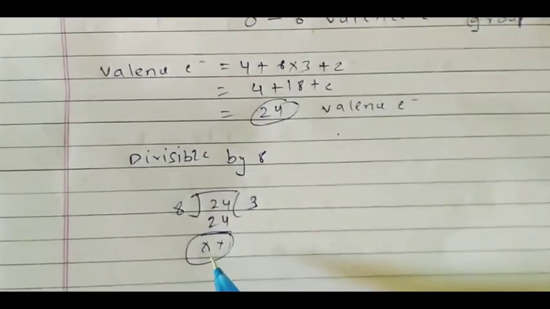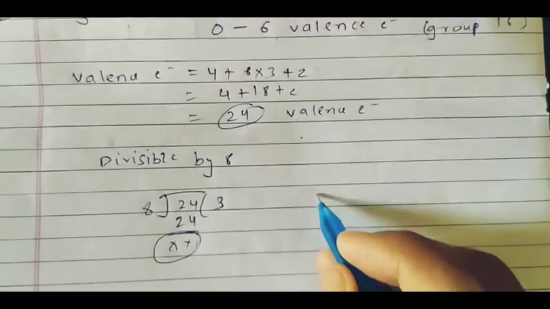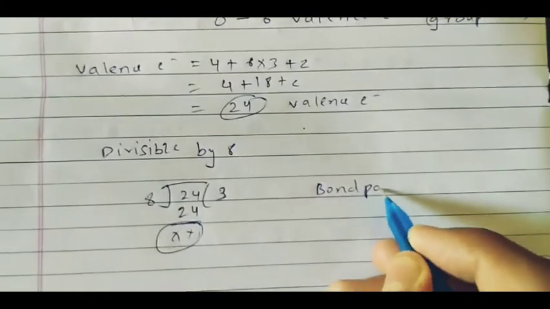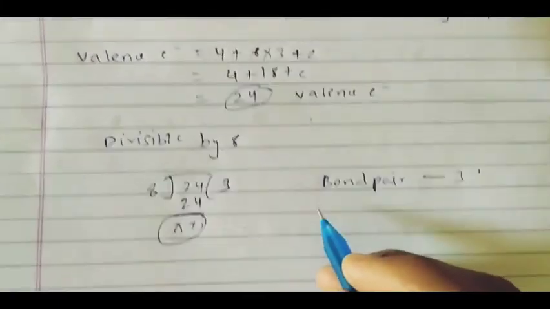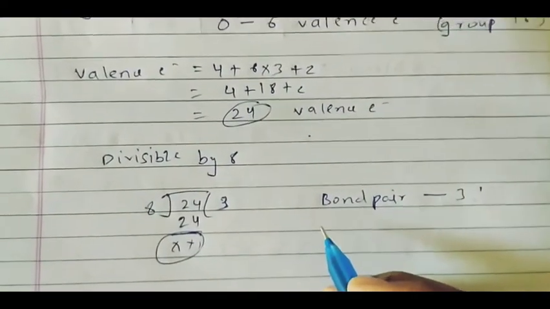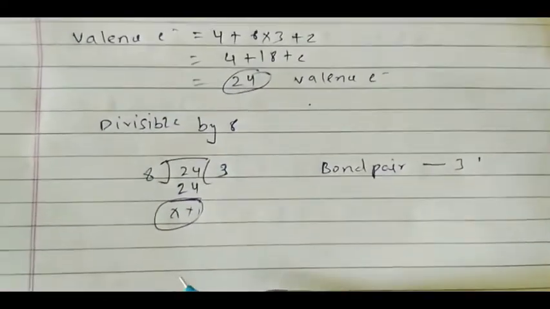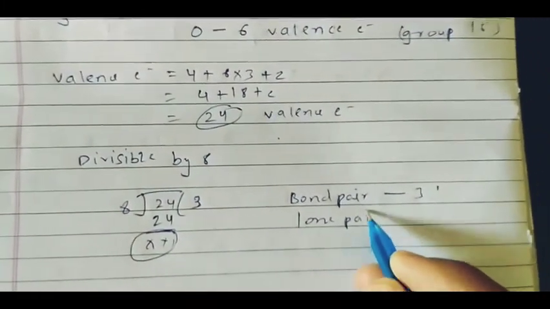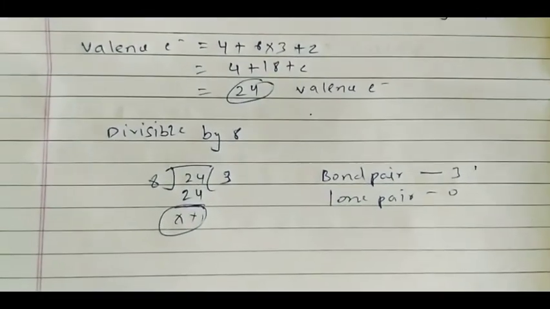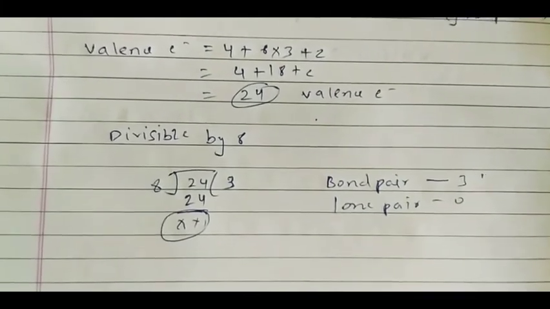As per our fourth rule, the first quotient will be the bond pair, so there are 3 bond pairs. The fifth rule was that the second quotient will be the lone pair, but there is no second quotient, so the lone pair is equal to 0. Okay, let's move to the next example.